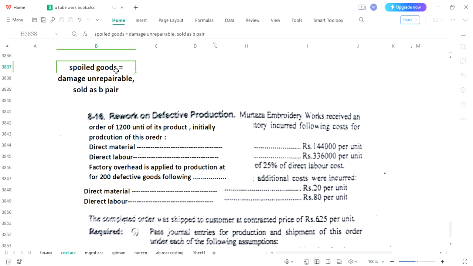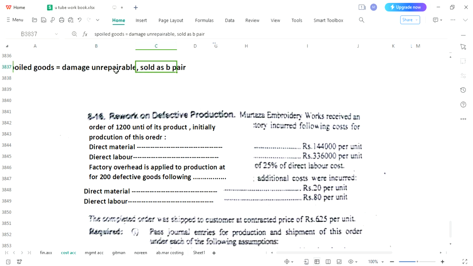This is the first thing you will keep in your mind. A spoiled loss is a loss which is not repairable, and ultimately you will sell such damaged goods as spoiled goods, as B pair.